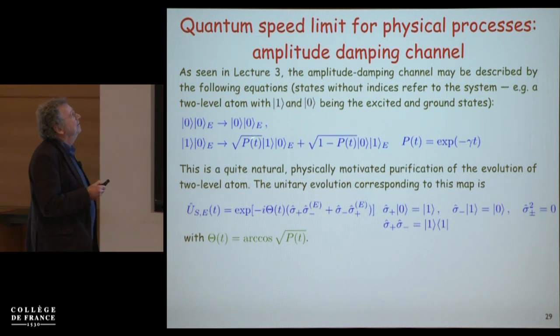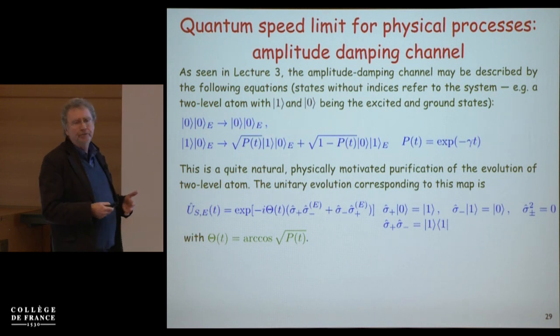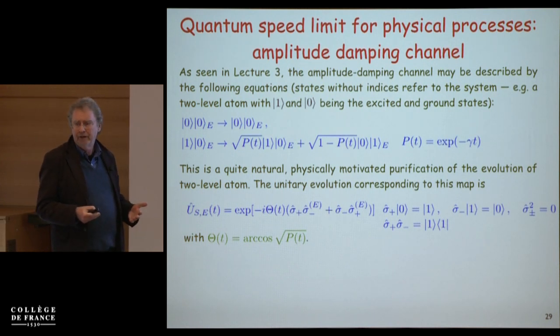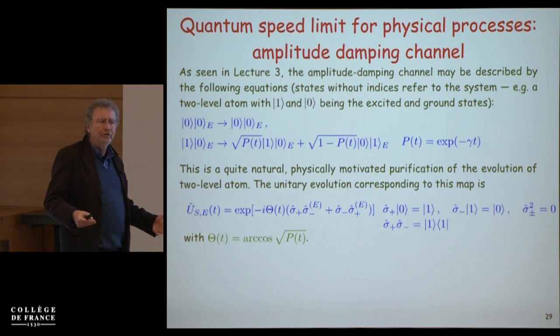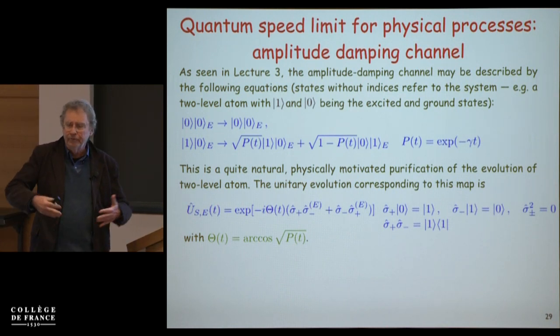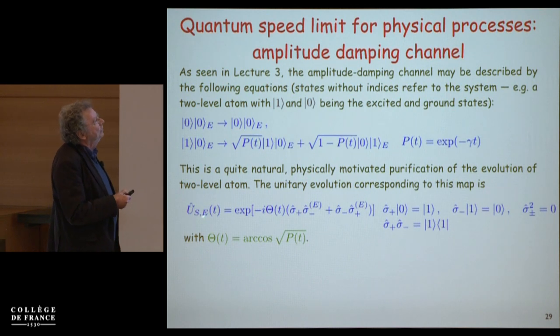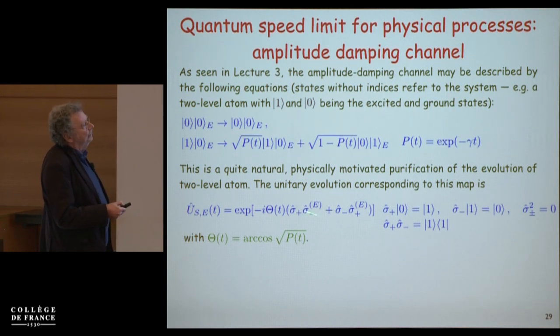And you see that from our point of view, this is a quite natural, physically motivated purification of the evolution of the two-level atom. Right? So that's the usual equation one writes if one wants to deal with this evolution as a unitary evolution. So we have to include the environment. The unitary evolution corresponding to this map is this one. You can check that later, where these operators here are just Pauli operators that do this.